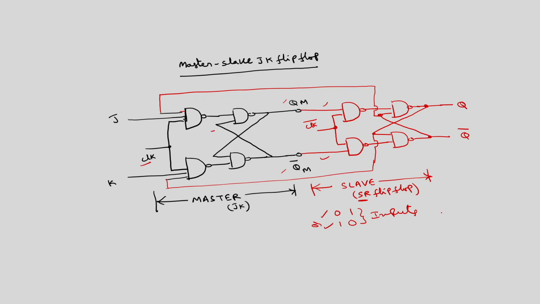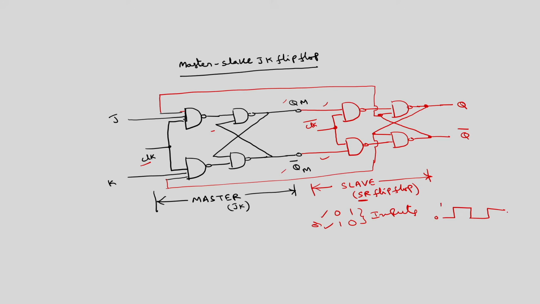So how do we verify that this will avoid the race around condition? We take the same case of J equal to 1, K equal to 1. But the clock that I discussed in the last slide is the ideal clock. I have taken this clock as 1, and 0 to 1 takes 0 time.